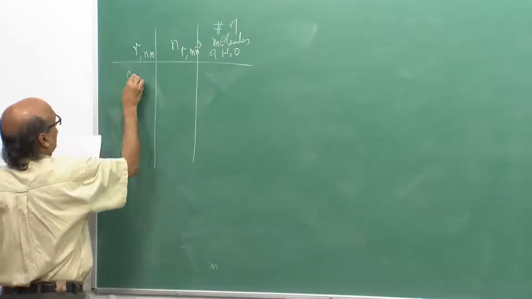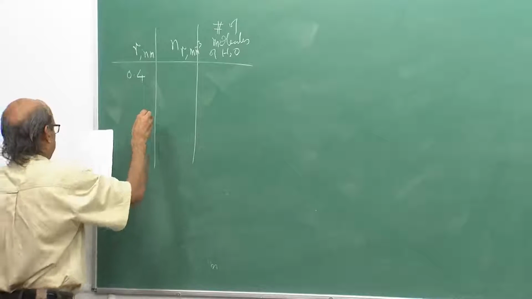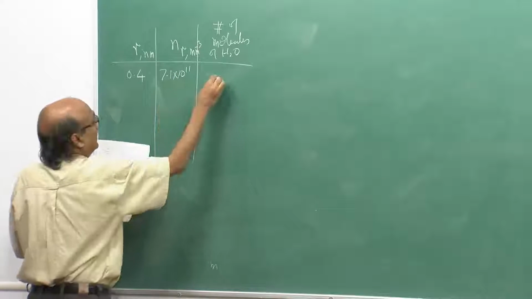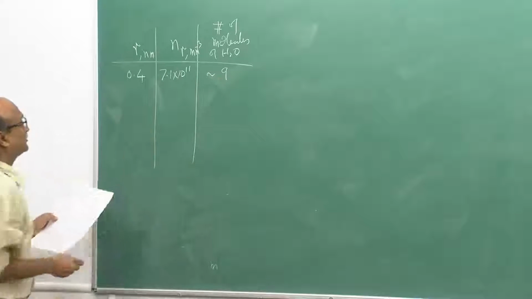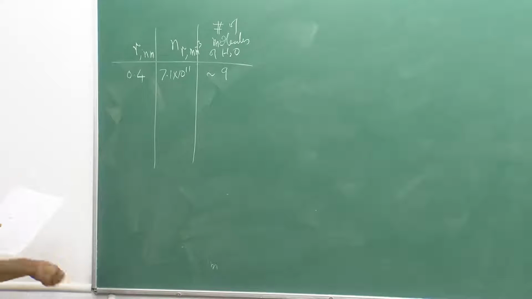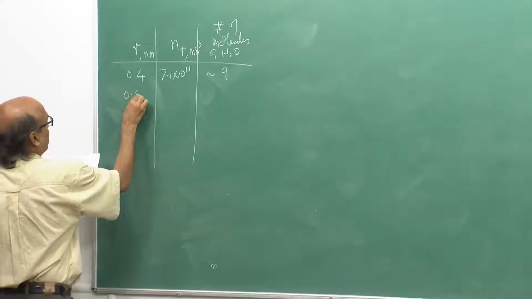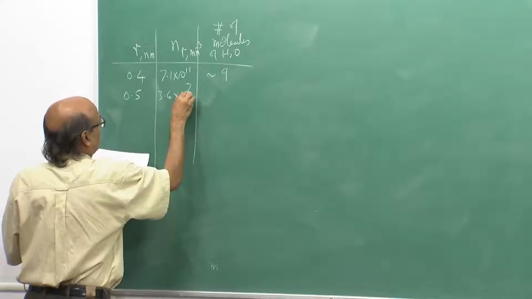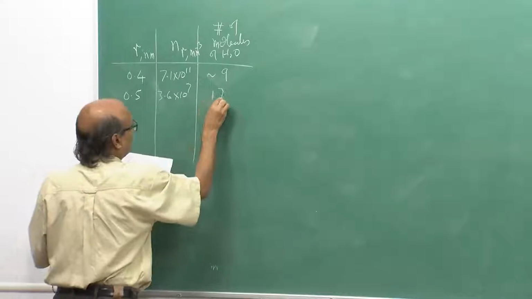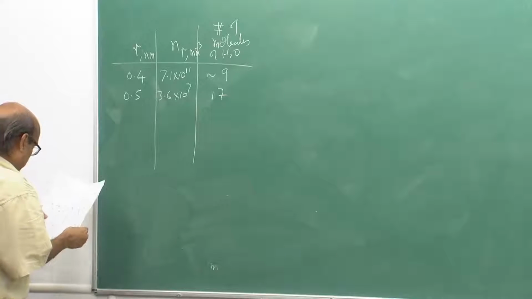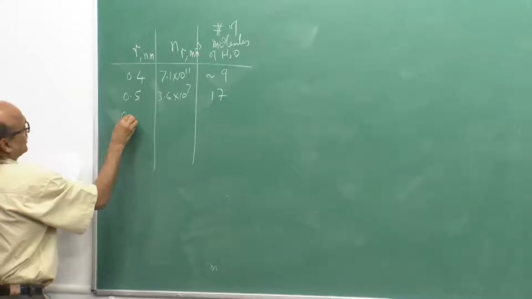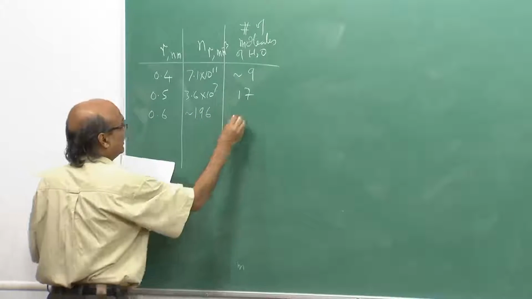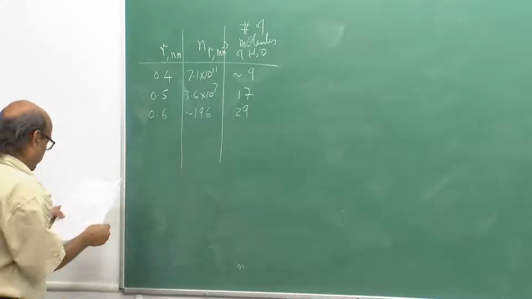So, for 0.4, as we have seen, NR is 7.1 into 10 to power 11 and about 9 molecules forming the nucleus. If I change the size to 0.5, this is 3.6 into 10 to power 7, 17 molecules forming the nucleus. 0.6, as we have already calculated, it is of the order of 196, 29 molecules forming the nucleus.